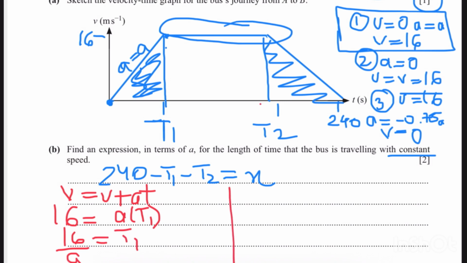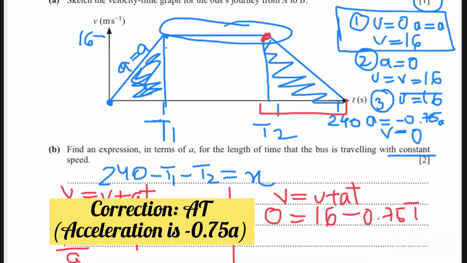Now as for this line time segment, we can use the v is equals to u plus at formula again. So the final velocity is 0 since it comes to rest, and the initial speed was 16, so 0 is equal to 16 minus 0.75 t.